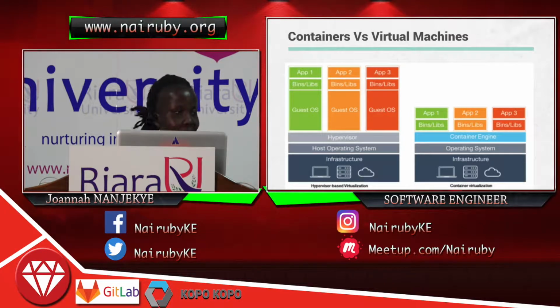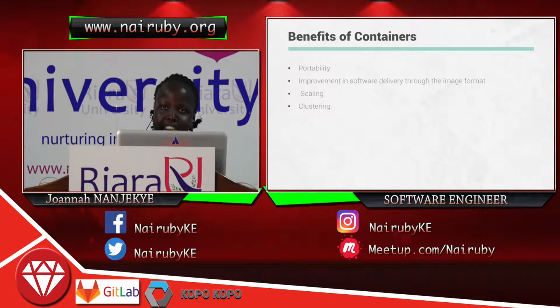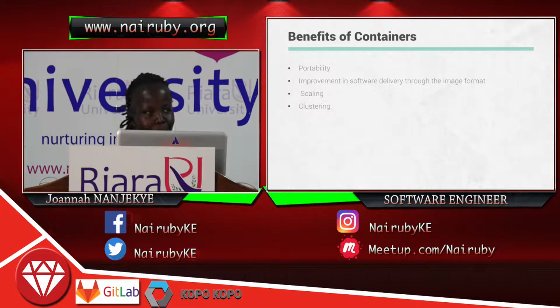So, what are the benefits of containers? Whenever you have many applications running in isolation, and they're not dependent on the environment in which they run, we get a lot of benefits. If you've ever coded something and it works on your machine and it doesn't work on someone's machine, I think you know what that means.